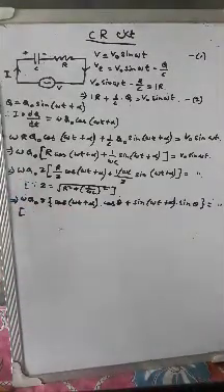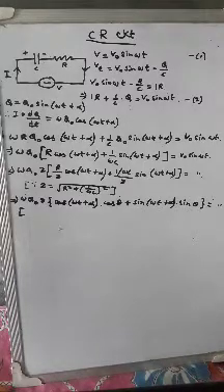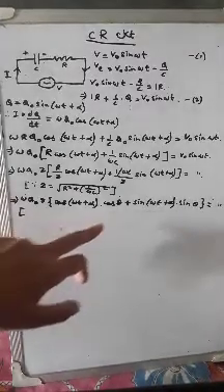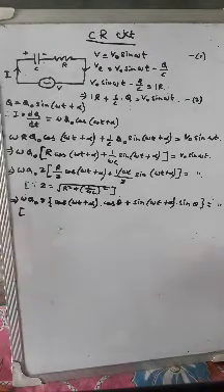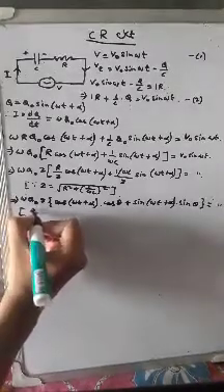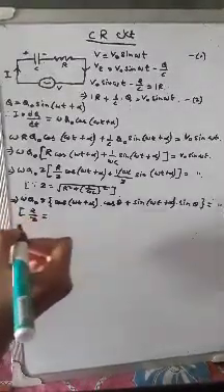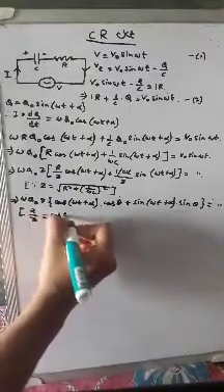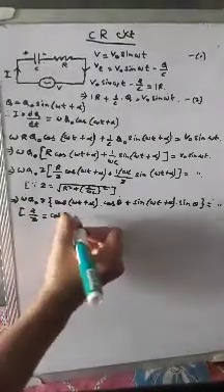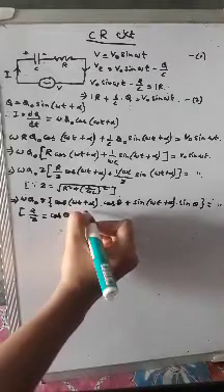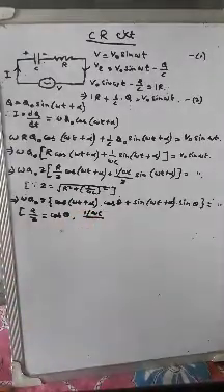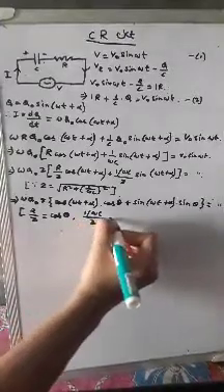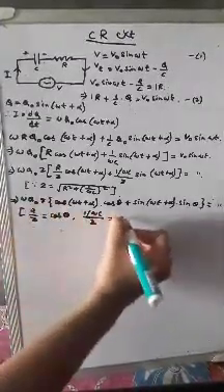What I did, students, in this part, is I have taken cos theta as R by Z. Let me write the thing in the bracket, then you will understand. R by Z equals cos theta, and 1 by omega C by Z equals sine theta.